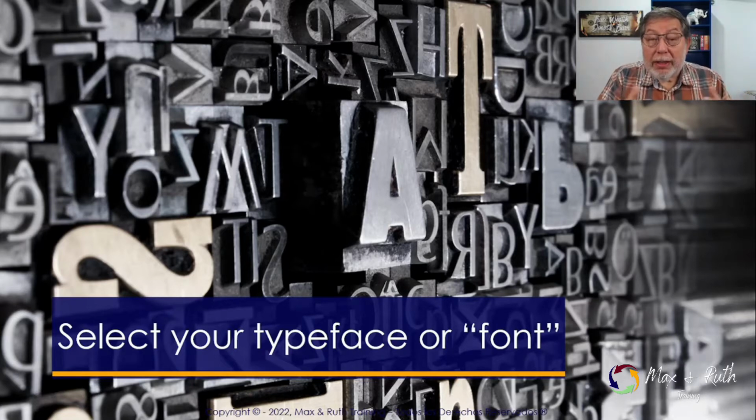And also that fancy fonts should be used with caution. Don't overdo the use of fancy fonts whenever you're designing your material, your visual material, your documents, because people tend to get distracted and sometimes they're difficult to read.